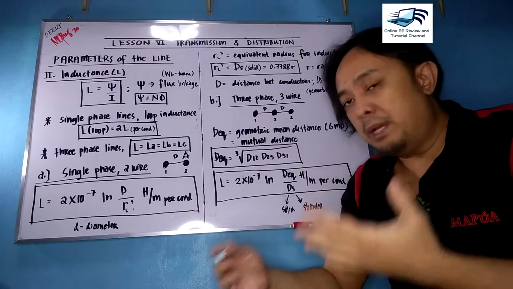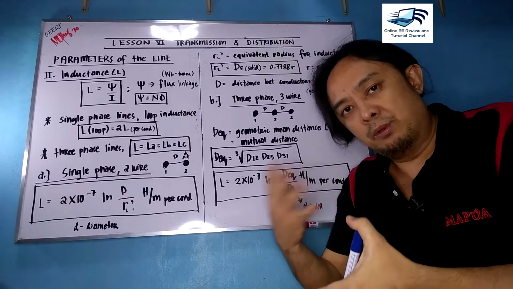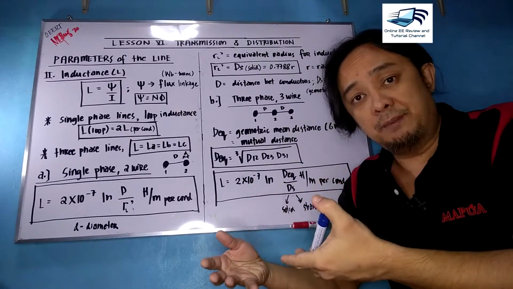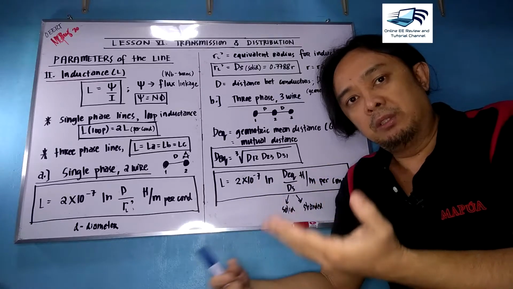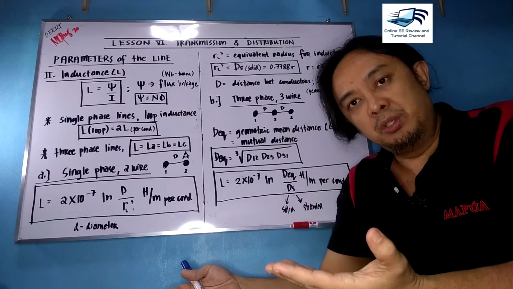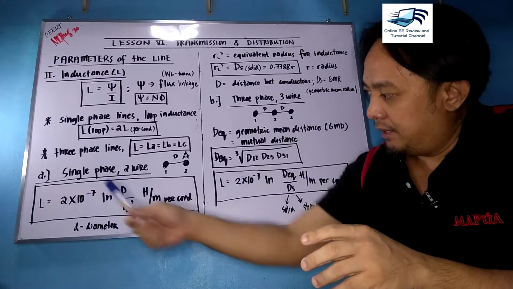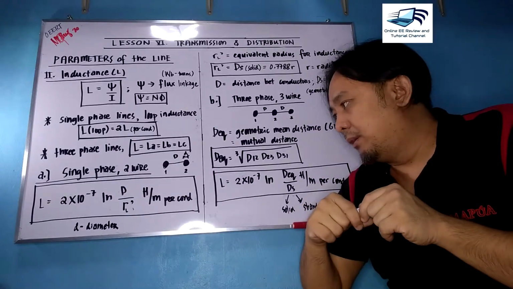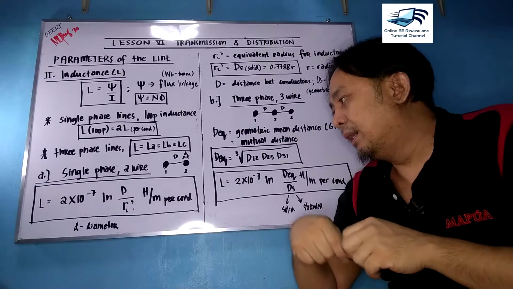Now, the formula here is already a predefined formula. Since this is a refresher course, it can be derived from your undergrad, but if you want a separate video for the derivations, we can do so. L is equal to 2 times 10 to the negative 7 ln of the distance d divided by r prime.